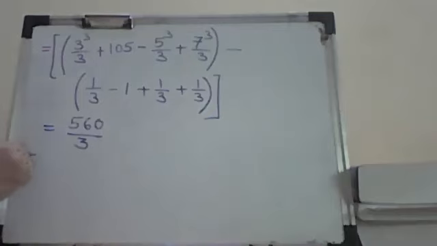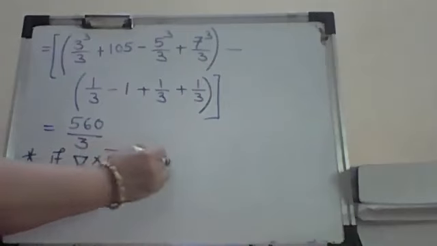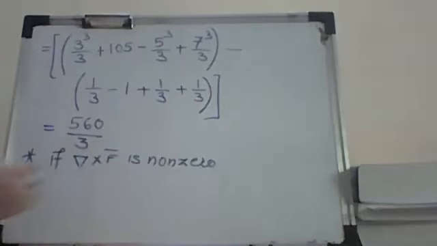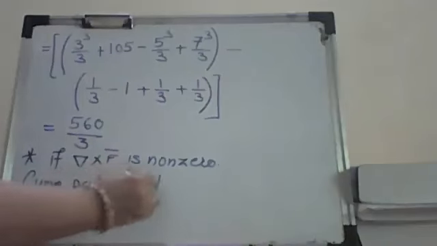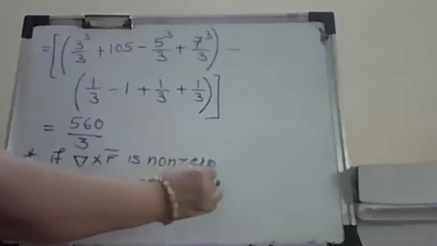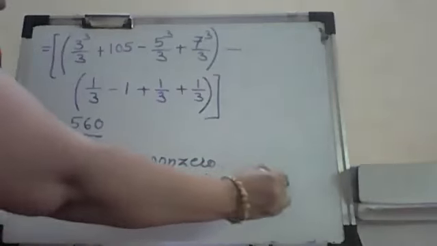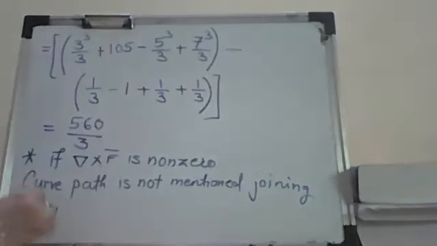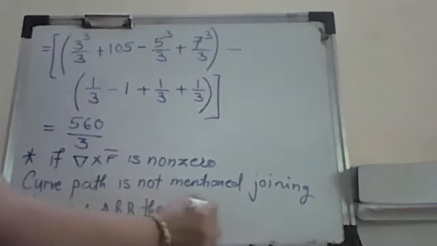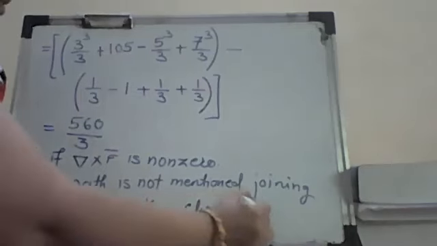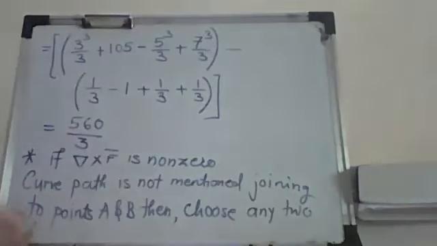So here you just make a note that if del cross F bar is non-zero, and the path of the curve is not mentioned, joining points A and B, then choose any two paths.